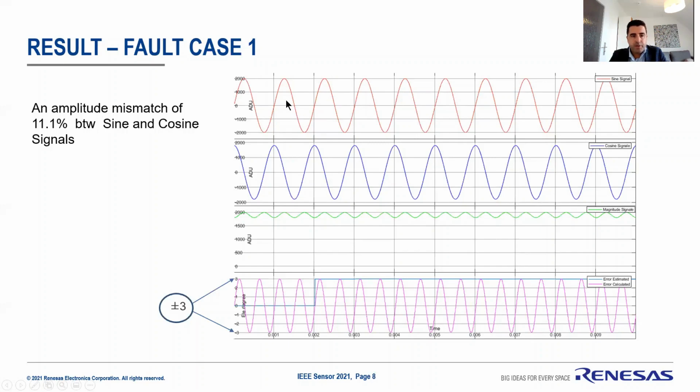An amplitude mismatch of 11.1% is applied between sine and cosine signals, which are in the first two channels of this figure.